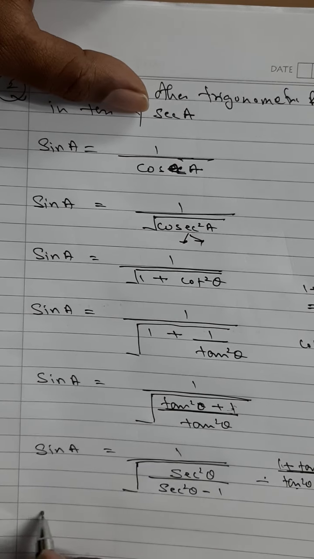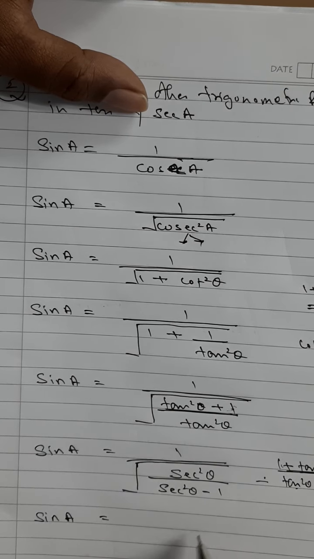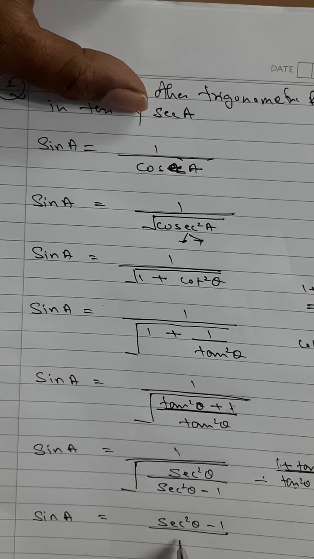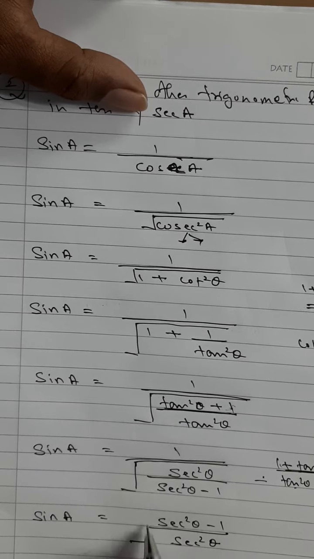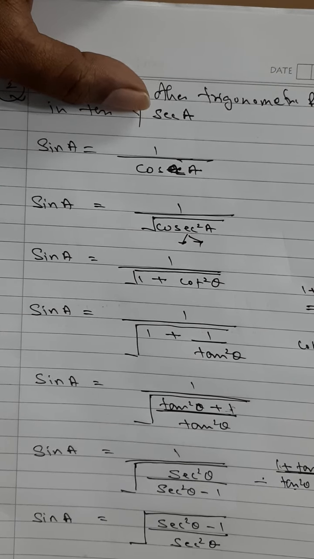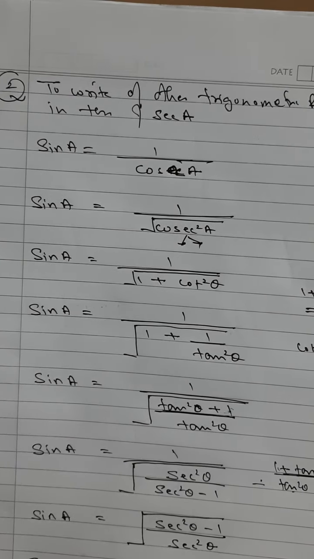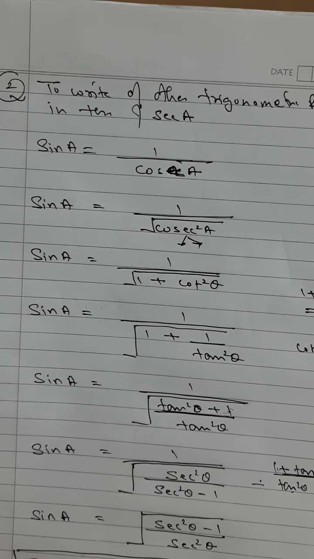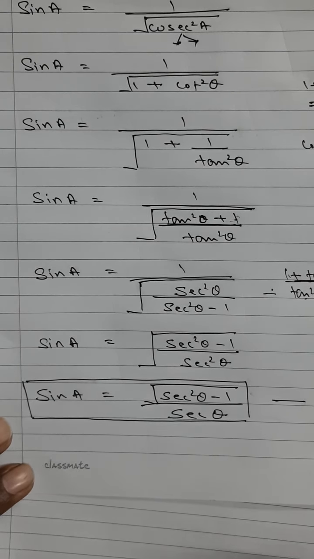Now I take the inverse of this, because 1 upon means inverse. This will become sec square theta minus 1 upon sec square theta, under a radical. Now if I take the square root of this, the denominator has a square root, and the numerator has too. So sine theta is equal to square root of sec square theta minus 1 upon sec theta.